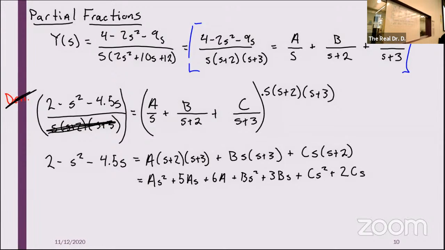I am going to say that the coefficients of all the s squared terms have to equal the coefficient of the s squared term on the left.